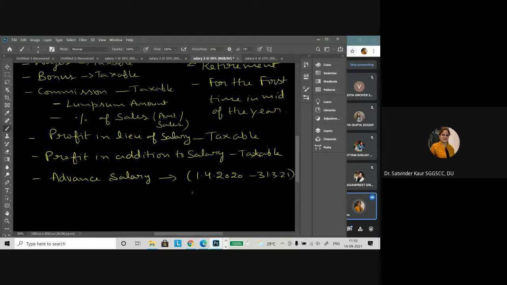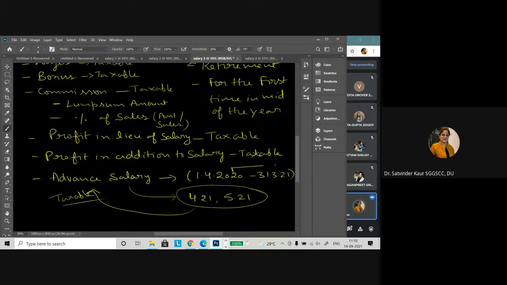Now, what happens if there was a requirement in the month of March, probably a certain emergency, and for the next 2 months, April 21 and May 21, the person has taken the advance salary. Now, in this case, this advance salary is going to be taxable in the previous year 2021 only.